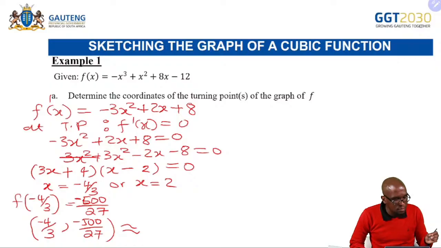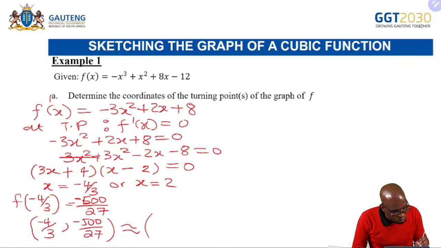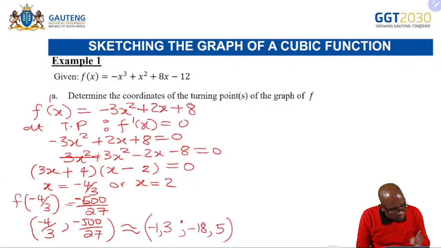This we can approximate because remember we'll be drawing it on the set of axes. So if we approximate this, this is approximately -1.3 and this one is approximately -18.5. We found the first stationary point.